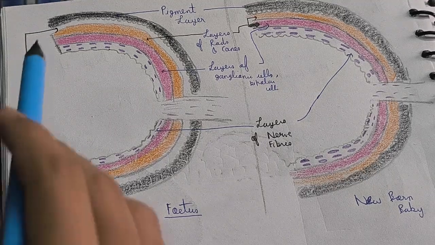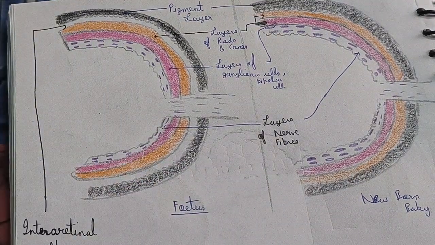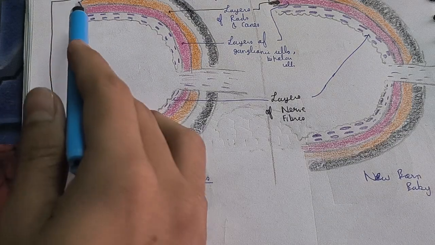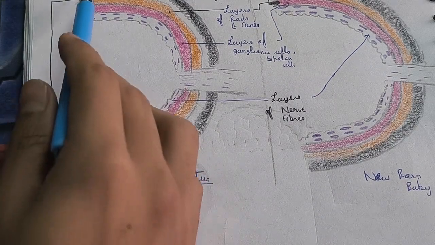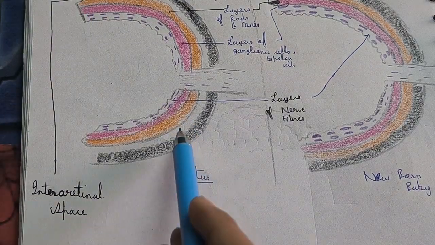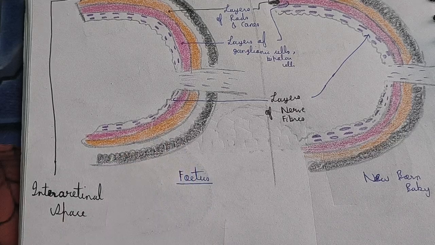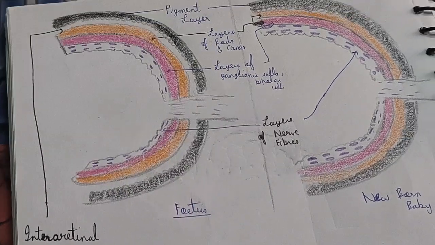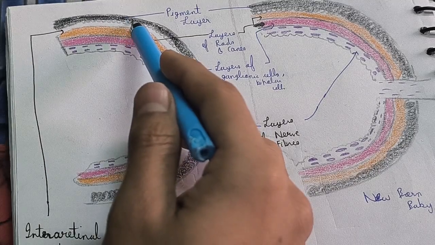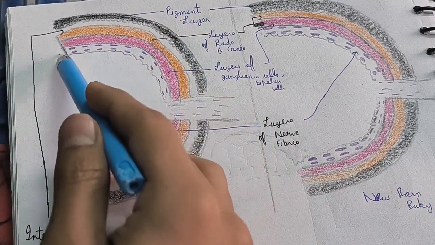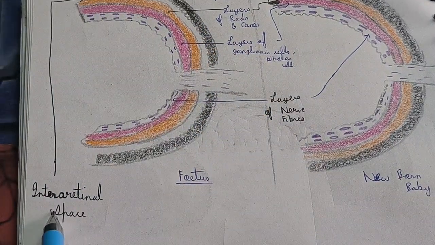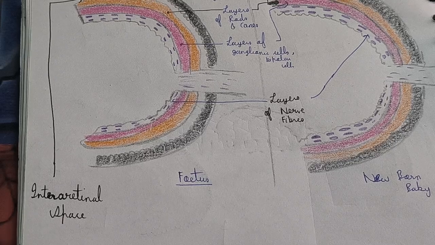But additionally, in the fetus, between the nervous layer and the pigmented layer, an additional space is present, and this space is known as the intraretinal space.